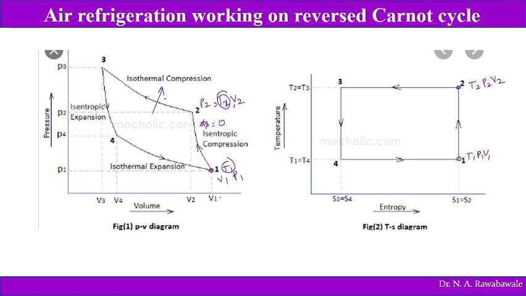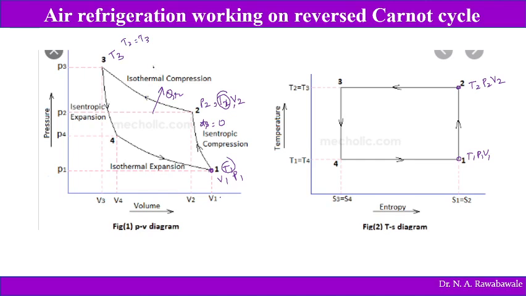As the heat energy is rejected, so QR we can say heat energy is rejected from this air because of isothermal compression. The isothermal process is nothing but a constant temperature process. So temperature changes from T2 to T3, where T2 is equal to T3, and heat energy is rejected.